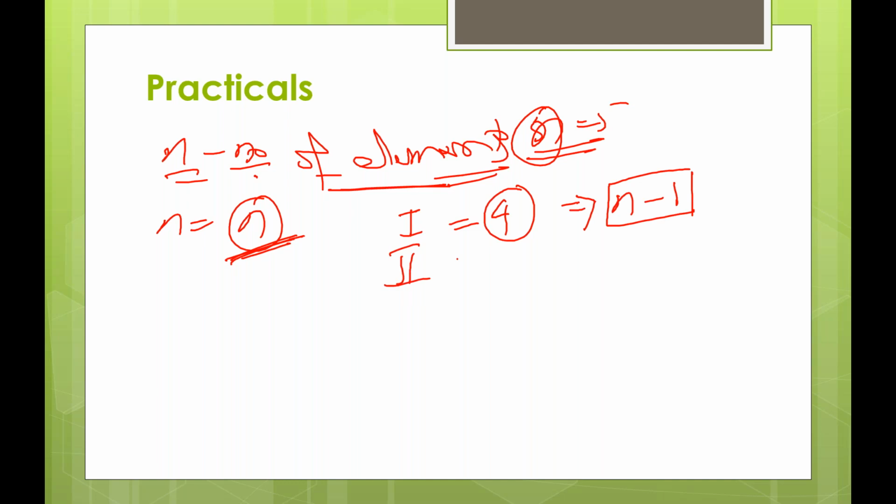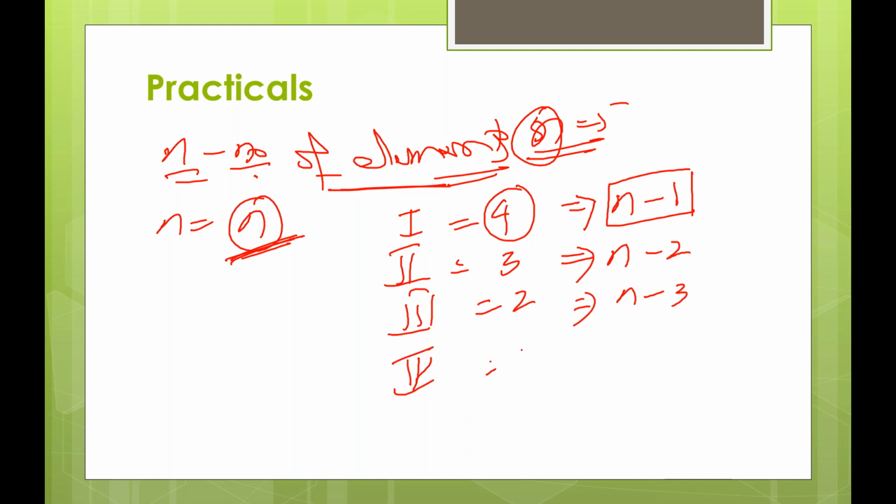For the second iteration, we need 3 comparisons, which is n minus 2. For the third, 2 comparisons, n minus 3. For the fourth, 1 comparison, n minus 4. For the fifth iteration, 0 comparisons, n minus n, which is 0.